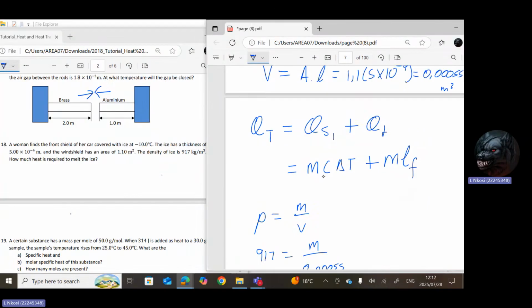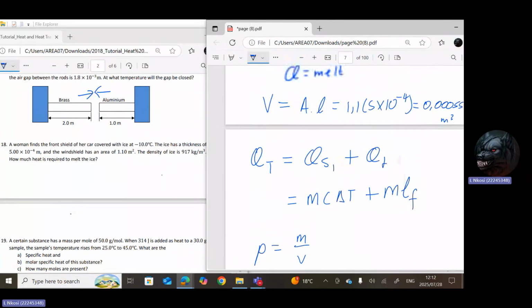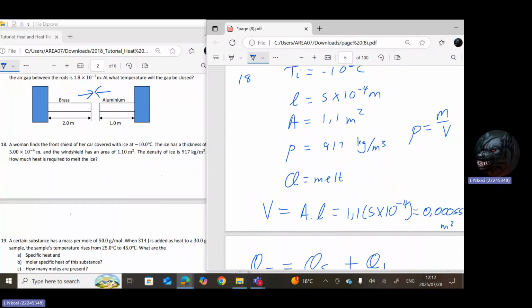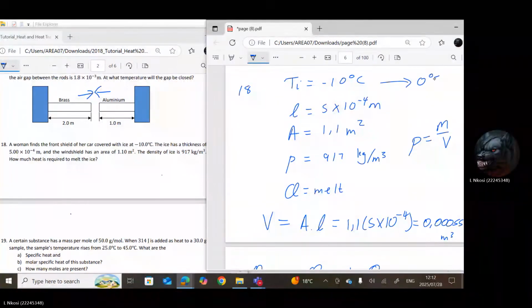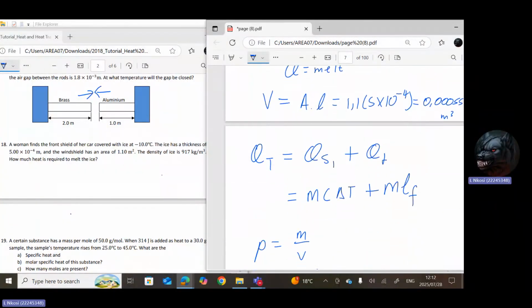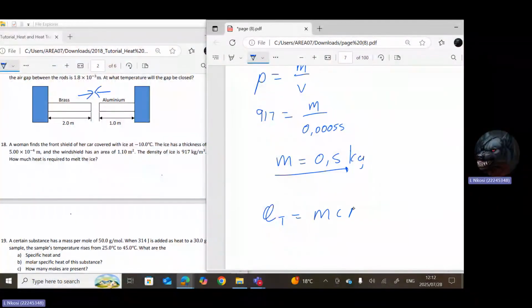Now we have the mass of the ice. Let's see what the ice is doing now, from the tables, the change in temperature. We know it's from minus 10 to 0, and then the latent heat. So total heat is m c change in T plus m LF.